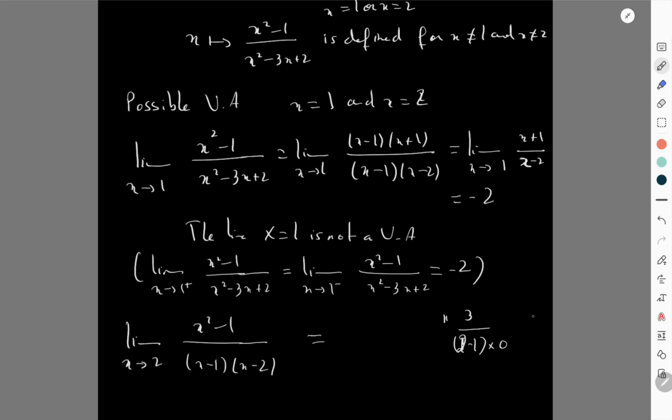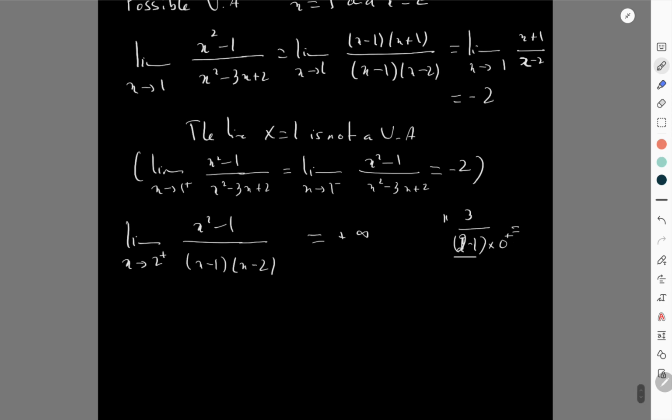In the context of limits, what I have to do is determine whether this 0 is a 0 plus or 0 minus to conclude whether this limit is infinity or minus infinity. If you take x going to 2 plus, x minus 1 is positive because 2 minus 1 is positive, and if you pick x strictly greater than 2 but going to 2, this is 0 plus, so this is plus infinity.